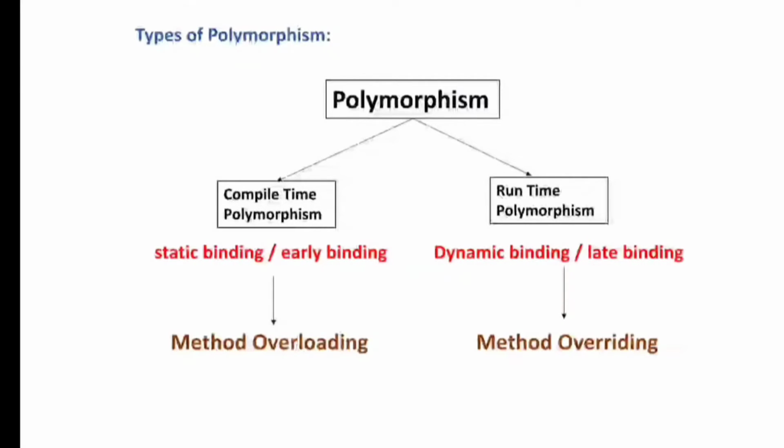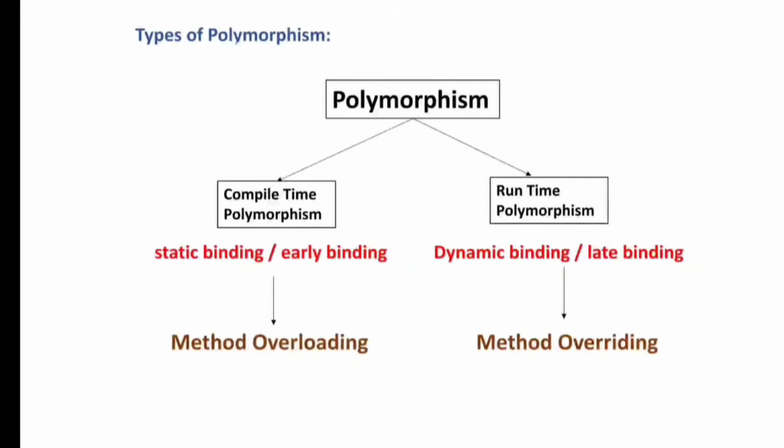In method overloading, which overloaded method has to be invoked for a given method call is decided at compile time by the compiler, and hence it's called compile time polymorphism. Similarly, in method overriding, which method has to be invoked for a given method call is decided at runtime by the JVM, that is, the Java Virtual Machine, and hence it's called runtime polymorphism.